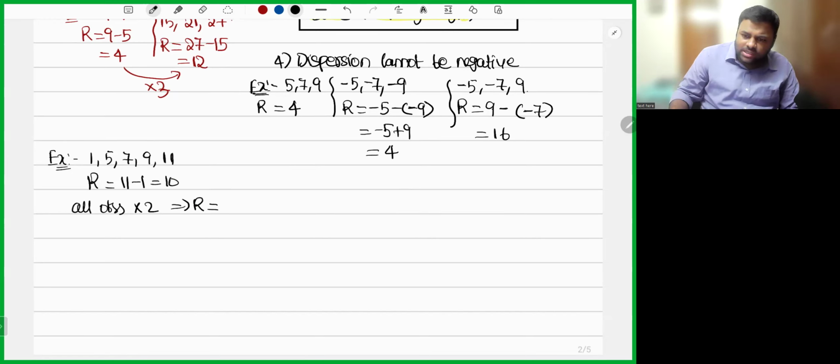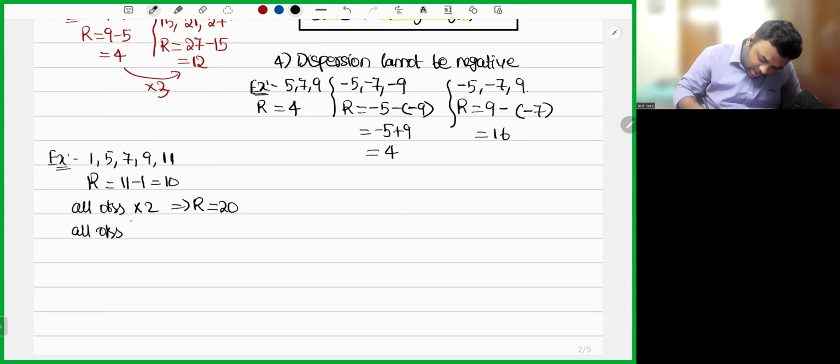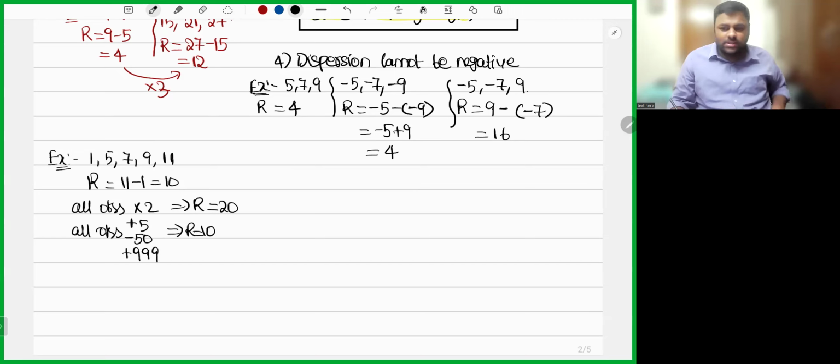Obviously, if all observations are multiplied by 2, range is also multiplied by 2, 20. All observations I am increasing by 5. What is range? Range will not change. Range will remain same. All observations I am reducing by 50. Range will remain same. All observations I am adding 999. Range will remain same, because range is not affected by origin.